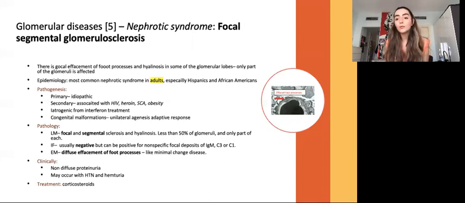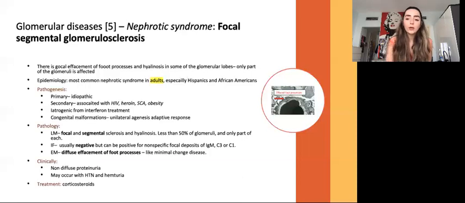But in the mild form, it's only some parts of the glomeruli and some parts of the nephron. Now, again, it can be idiopathic primary, or secondary, associated with heroin, HIV, sickle cell, obesity, iatrogenic causes such as interferon treatment, or congenital.